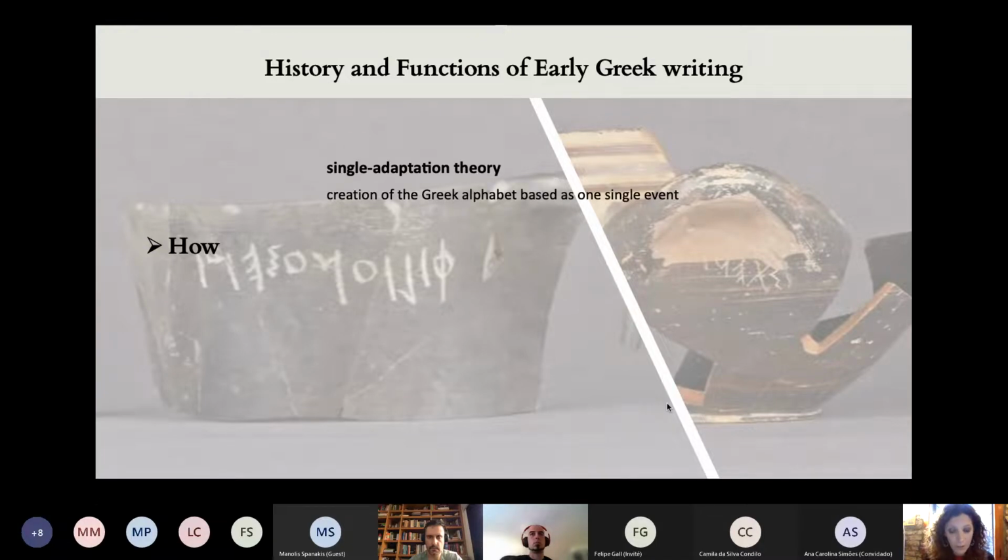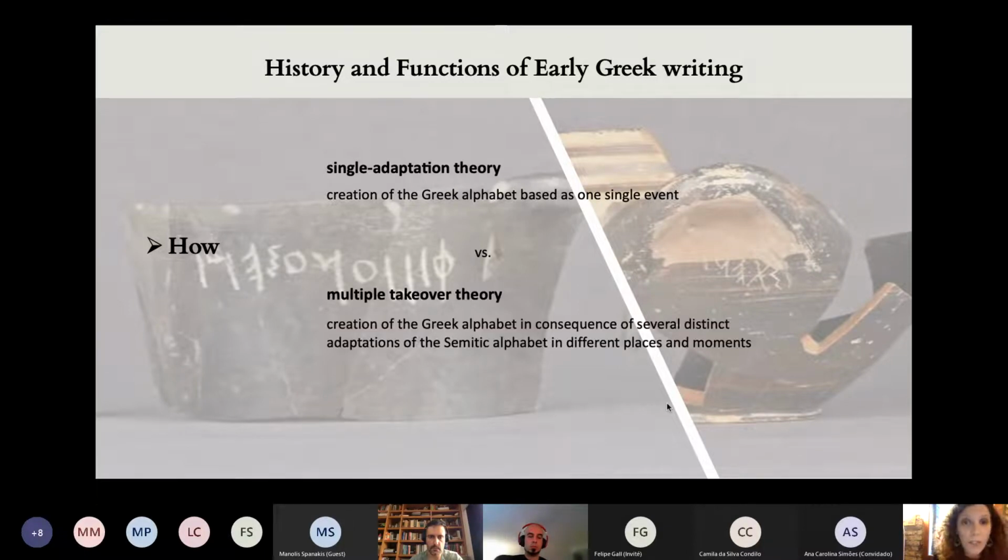In this case, we have, again, two schools of thought. A first school is the single adaptation theory. So the idea is that the creation of the Greek alphabet is based on one single event. It happened once and in one place, and then it spread. The other school is the multiple takeover theory, that is that the alphabet was an invention that happened several times in several places.